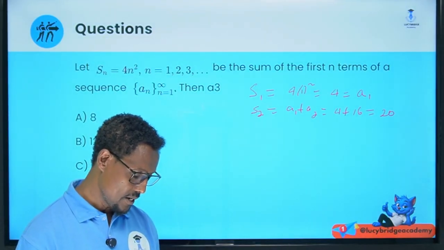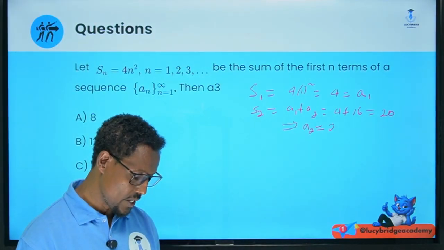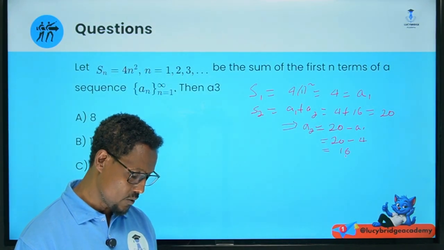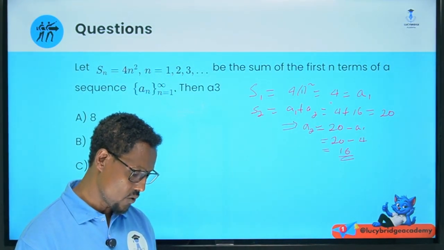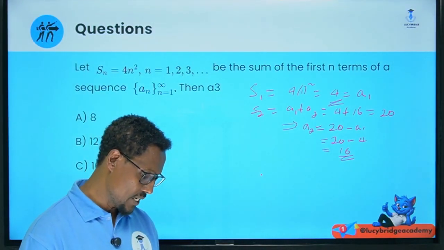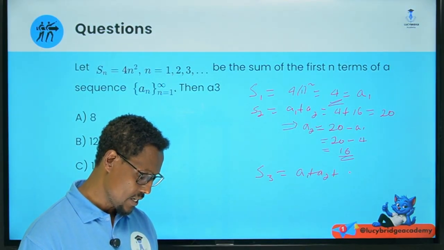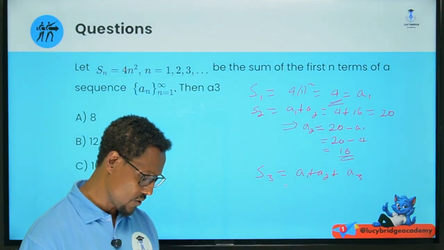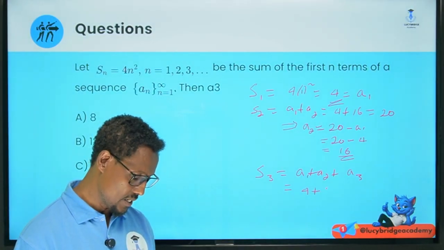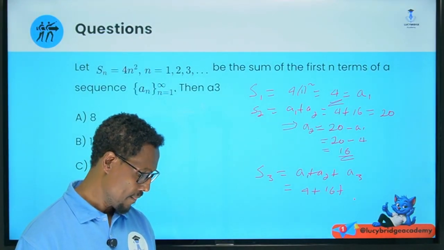From here we have A2 is equal to 20 minus A1, which is 20 minus 4, so A2 is 16. A1 is 4 and A2 is 16. Now what about S3? S3 is equal to A1 plus A2 plus A3, which is 4 plus 16 plus A3.